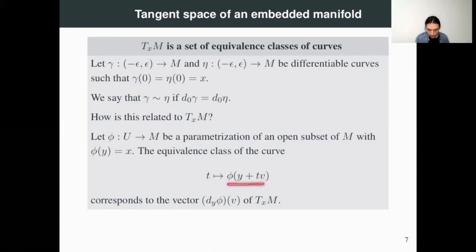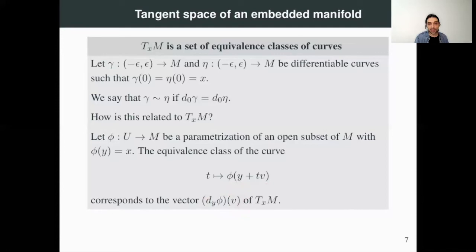This is actually a map from a neighborhood of the origin in the line to M, and the image obtained at t equals 0 is the point x. And if you calculate the derivative of this at 0, as we are doing, what you get is exactly this vector. So a curve whose equivalence class corresponds to this vector is this one.